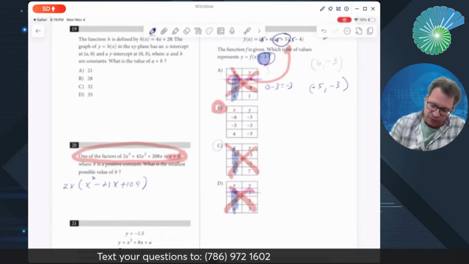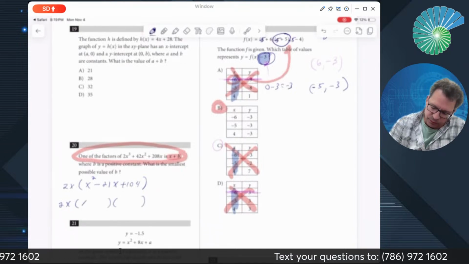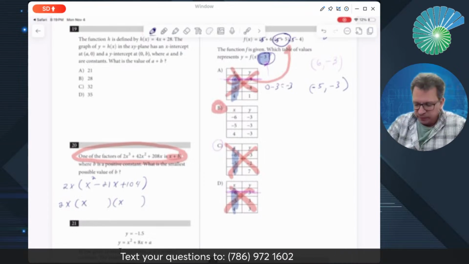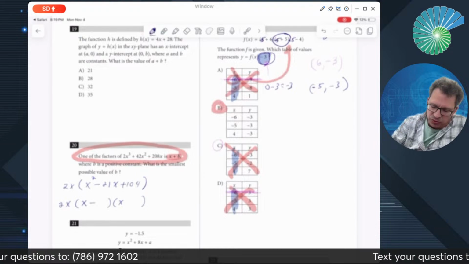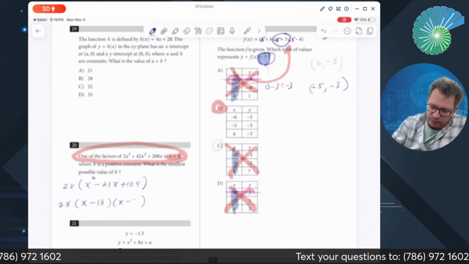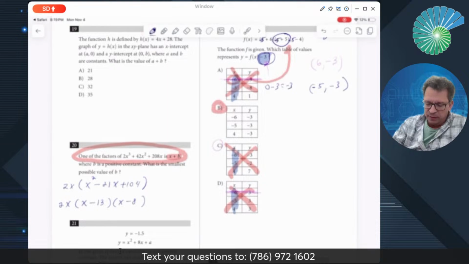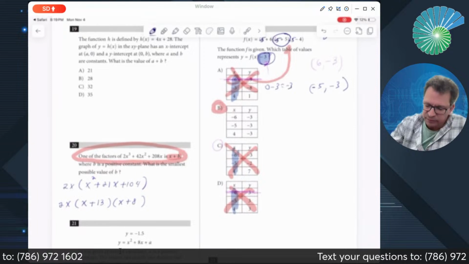I can continue to factor the polynomial. I need two numbers that, multiplied, give me 104, and when I add them, give me -21. So let's try these two. Oh, I'm sorry, this is +21, so this and this.